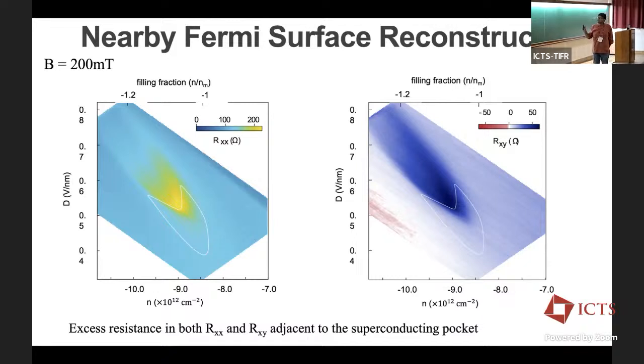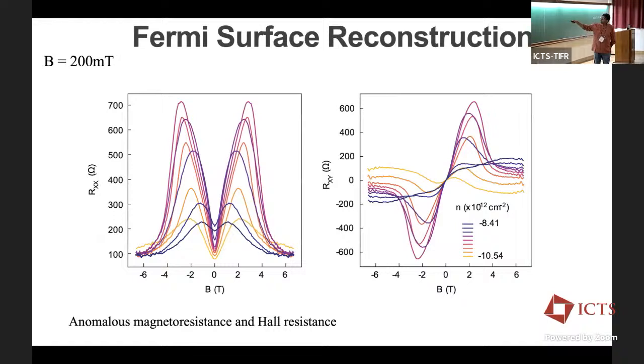And this has precisely the same phenomenology that I was talking about earlier of having a Fermi surface reconstruction. So we believe that this particular thing that is adjacent to the superconducting phase is indeed an antiferromagnetic metal phase. And let me just show you some of the transport data in that region. If you measure the Hall effect, once again, you see this very nonlinear Hall effect, just like I showed you before.